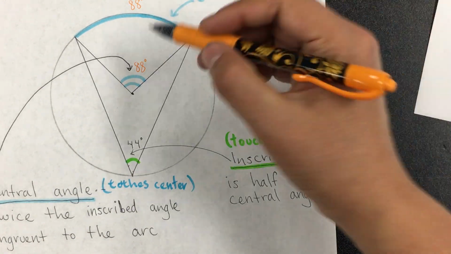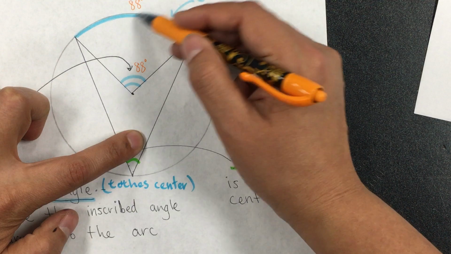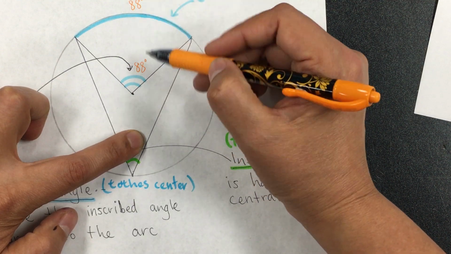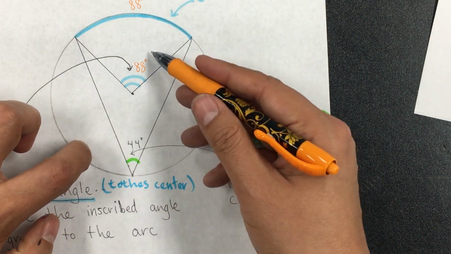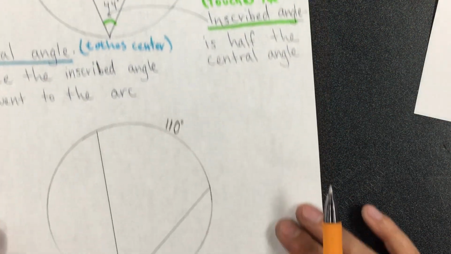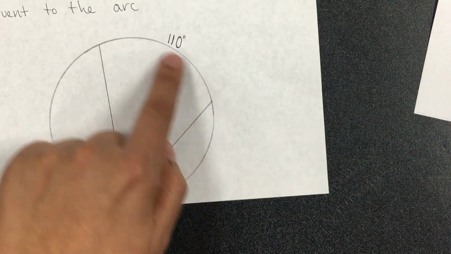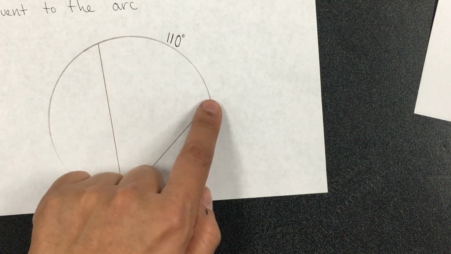Okay, now what if we didn't have that information? We only had this or even this. Whenever they give us either the arc or the central angle, the inscribed angle is half, so you just divide by 2. For example, in here, this arc is 110.